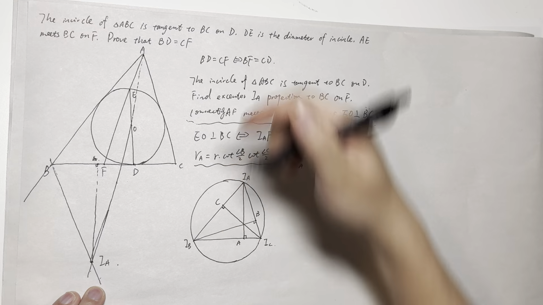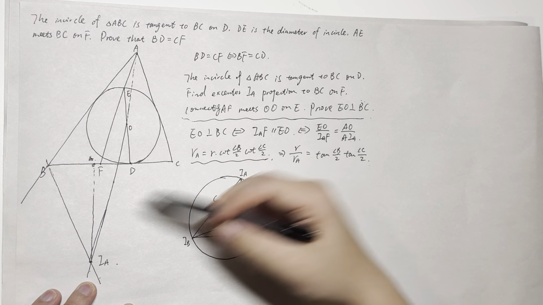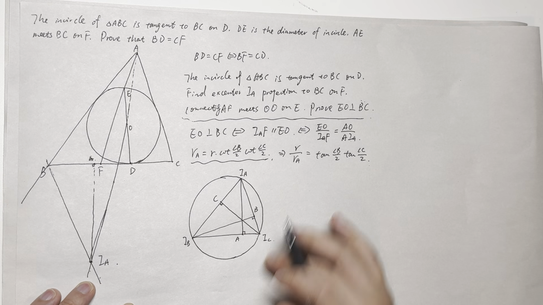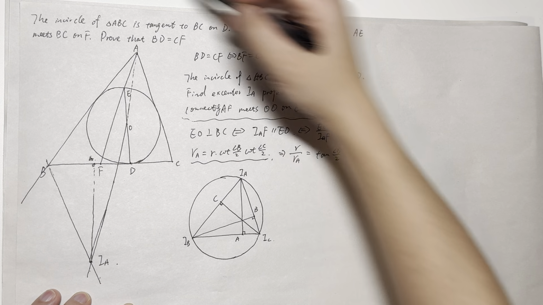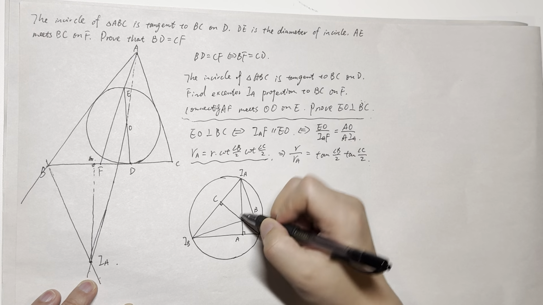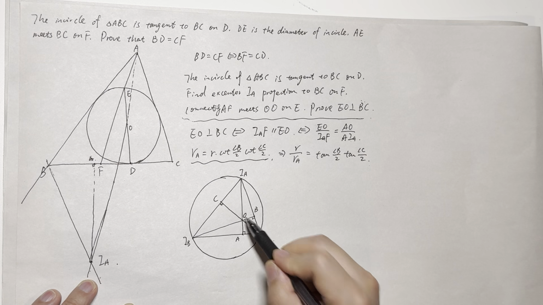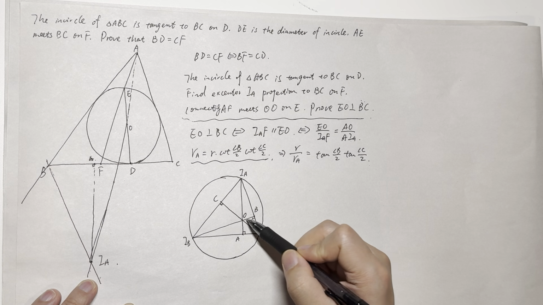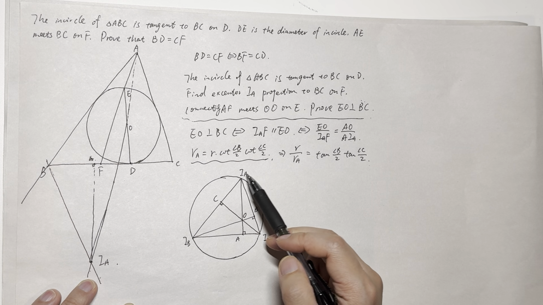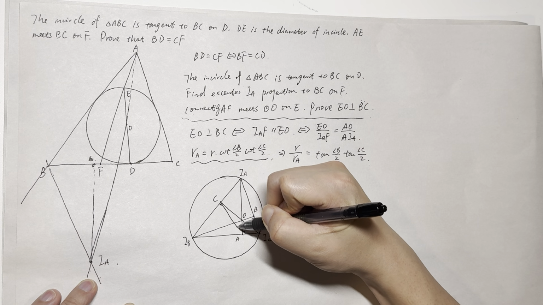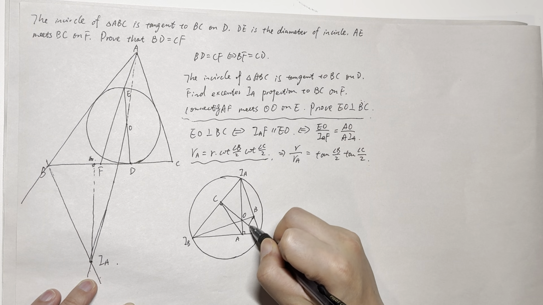I use a notation in this figure. I just draw the circumcircle of the IAIBIC, it's too large here. And this point here, we call it O. O is the incenter of triangle ABC, and O is the orthocenter of triangle IAIBIC, right? That's all we learned before.